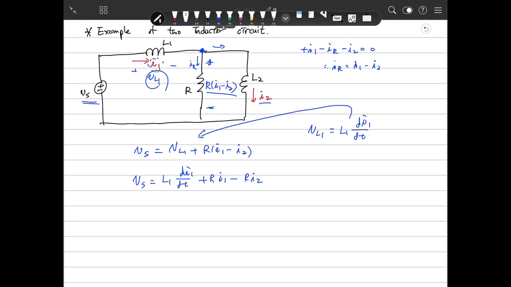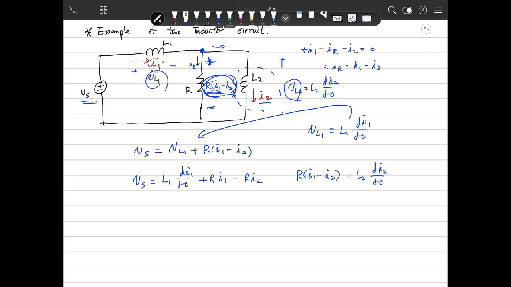Then the next thing is this voltage, this voltage is R times (I1 minus I2). And based on this branch, we can get this voltage here. Because of the inductor, VL2 will be L2 dI2/dt. So this voltage and this voltage are the same. So we got it: R(I1 minus I2) will be the same as L2 dI2/dt.